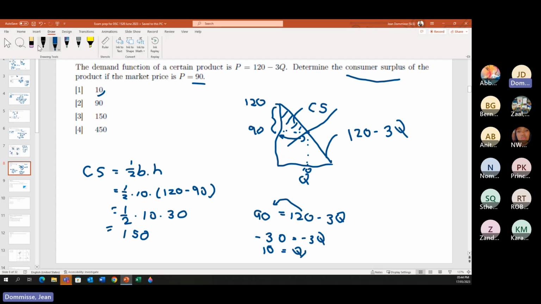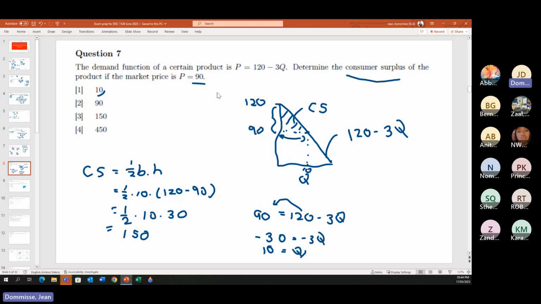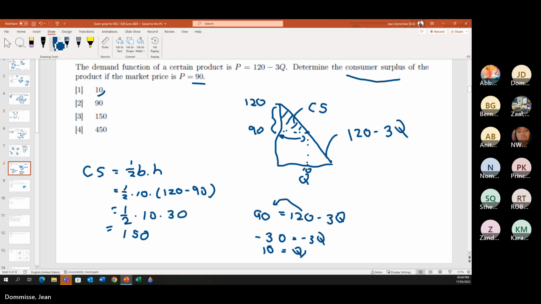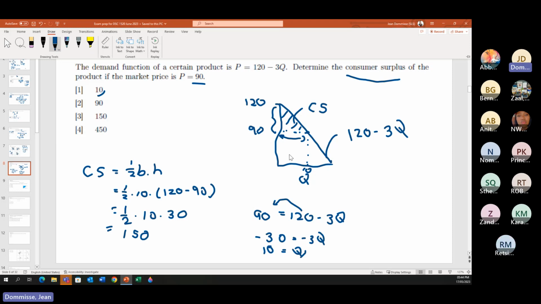They don't need to give you your supply function because they told you at what point you will be working with your consumer surplus. I think it is important that they've given you only a point that you can work with. You don't need everything to work it out.